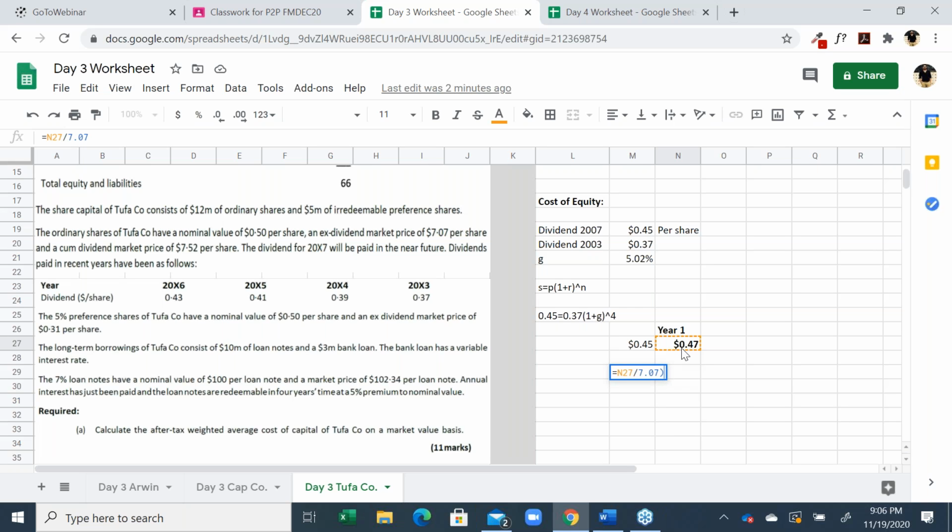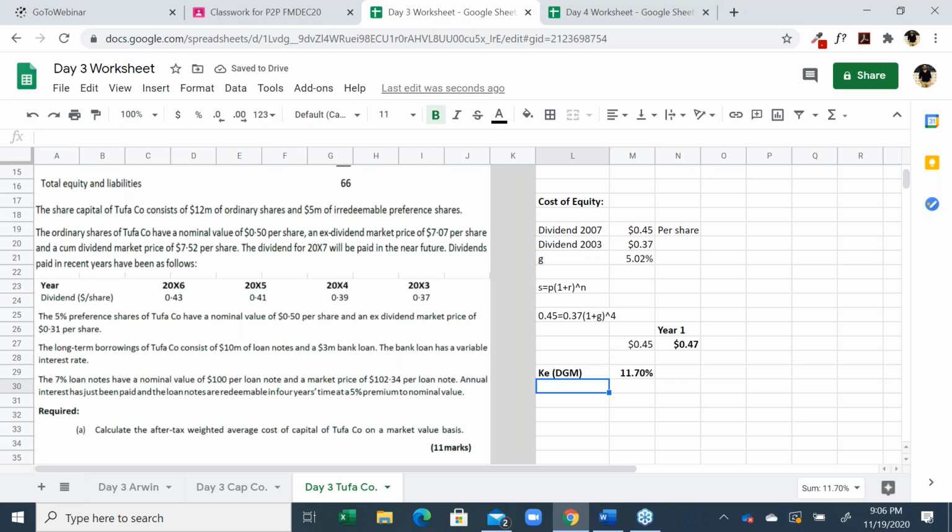So your usual return, if there is no growth, will be 0.47. But since there is a growth as well, you should add the growth factor here, and it should be 5.02. And the cost of equity will be 11.7% using the dividend growth model. 11.7%.